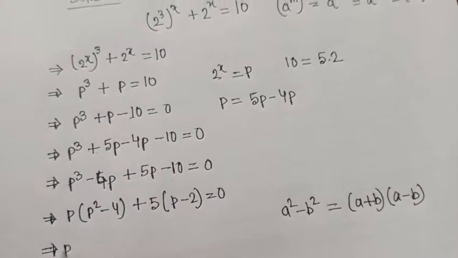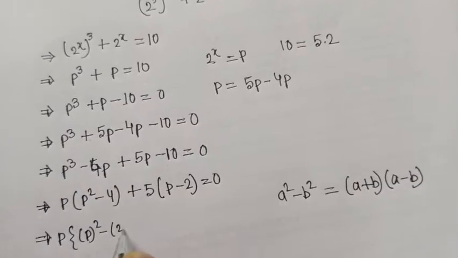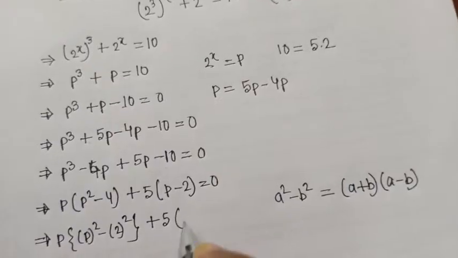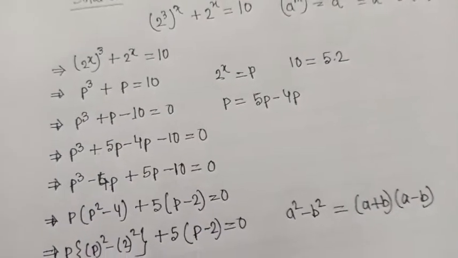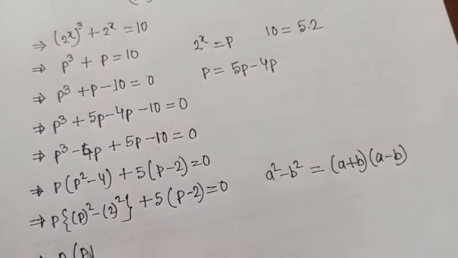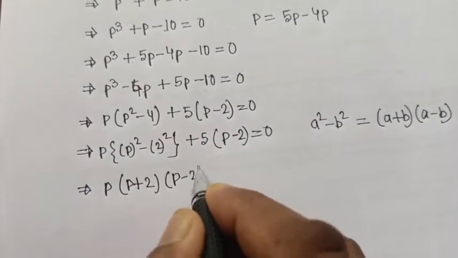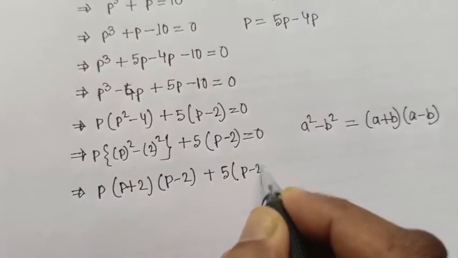So same here, if we put p square minus 2 square and p like this, now split that formula: p plus 2 into p minus 2, and the rest part will be 5 into p minus 2 equals 0.